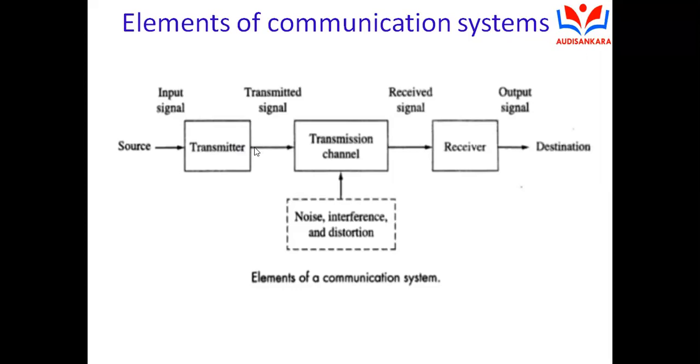Whenever the distance is long, there is no possibility to attach a physical path between the transmitter and receiver. So whenever the distance is high, the connectionless communication system is used.